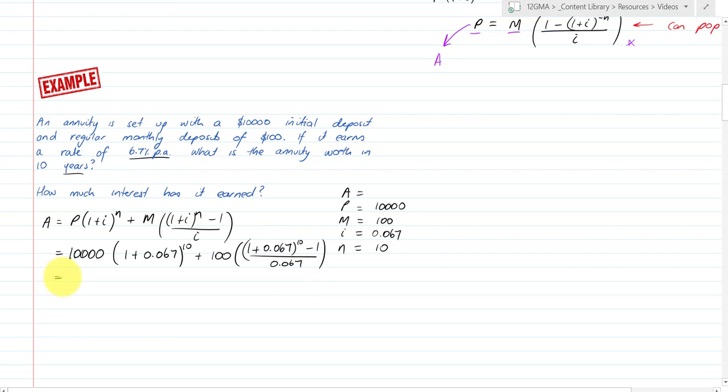And I'm going to calculate that to determine my A value. In this case, I get $20,489.10, but I'm going to write it down as 20,489.10399 in the first instance.